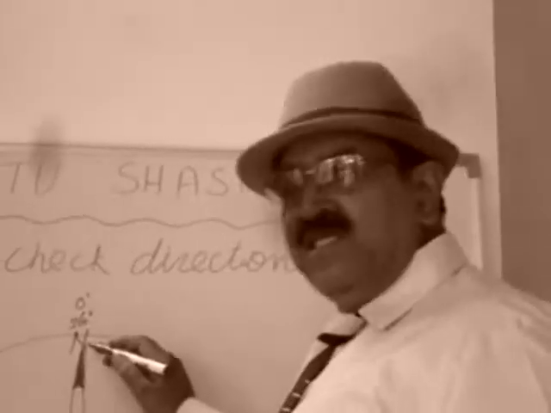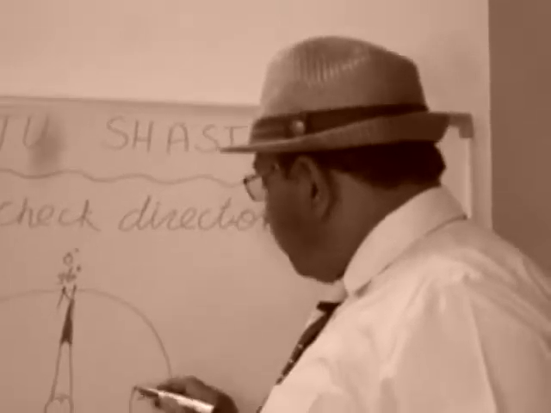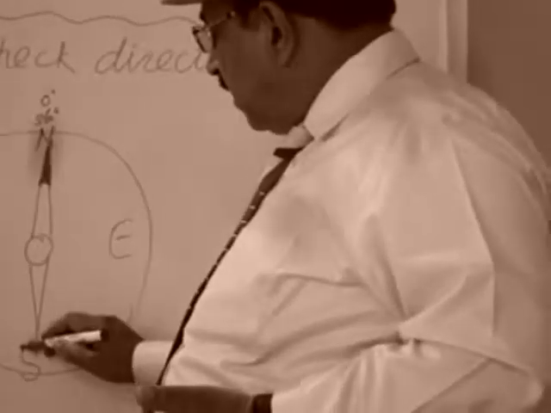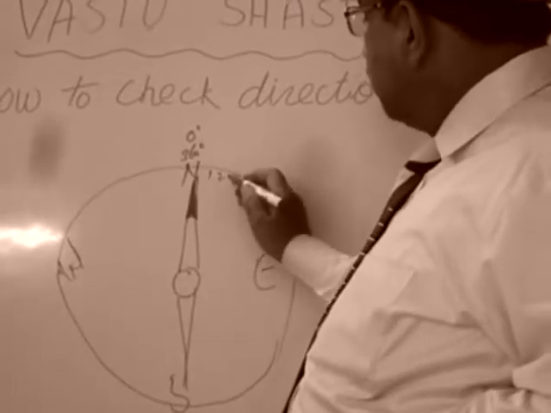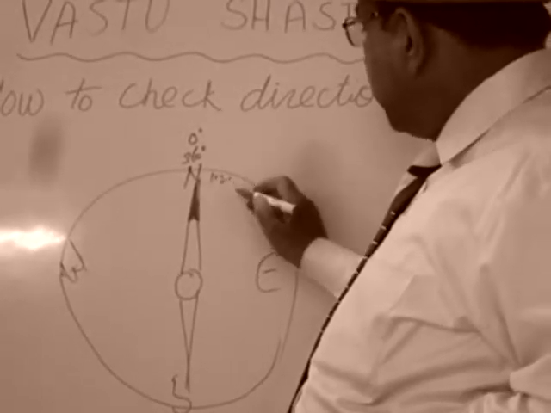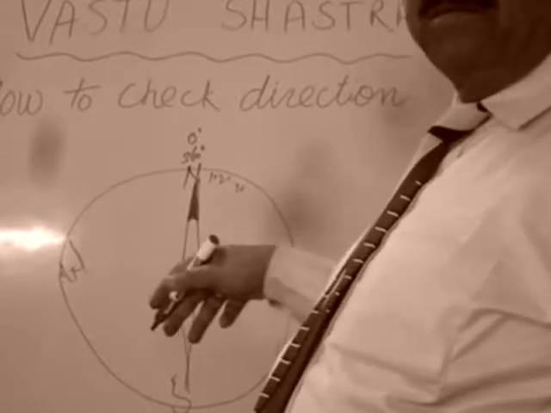So, if the north is there, automatically east shall be there, and south is there, and west is there. And the degrees are written like 10, 20, 30, and so on.